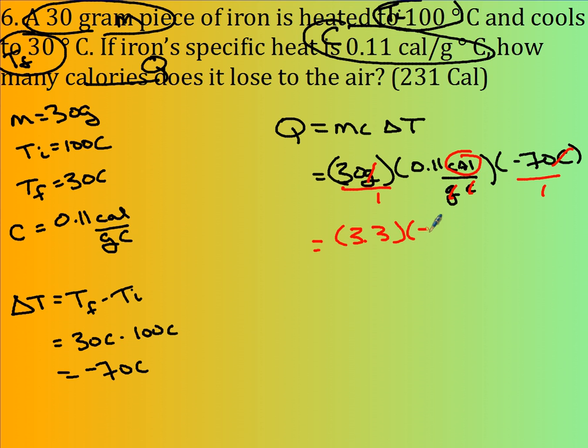And then this is going to be times negative 70, and this is all over 1. So 3.3 times negative 70 is negative 231 calories. Now, what does this negative sign mean? It just means that I lost heat. So the actual number of calories is 231 calories.